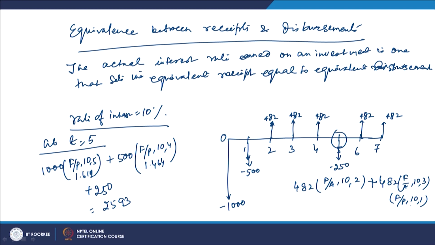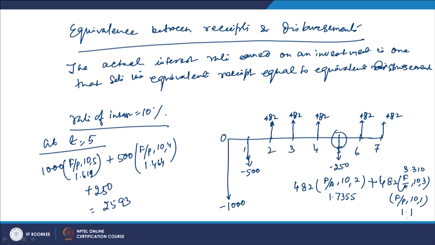So if you take these factor values, P by A 10 2 is coming as 1.7355 and F by A 10 3 is 3.310. This you can refer from the interest table, and F by P 10 1 is coming out to be 1.1. So if you do this calculation also, it will be coming as 2593.